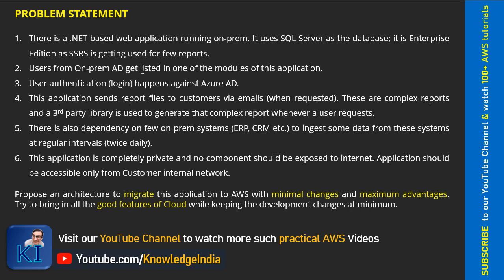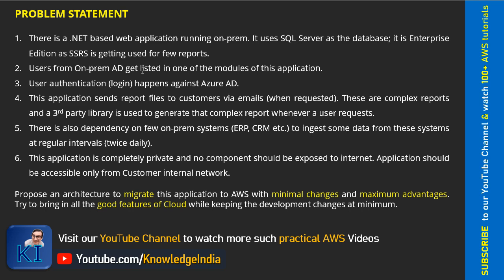Or the other option is that all the user credentials are stored in some Active Directory. An Active Directory could be an on-prem Active Directory, or it could be an Azure Active Directory as well. So the authentication needs to happen by calling an Azure Active Directory API, and based on that it would be checked whether a user is valid or not, meaning whether he's passing the right credentials or not.